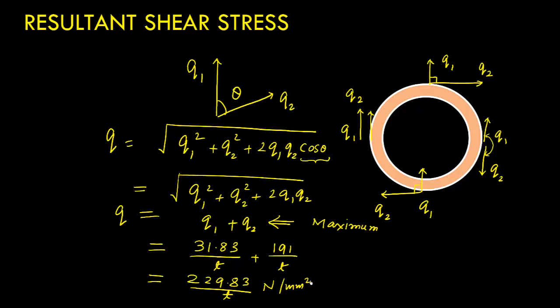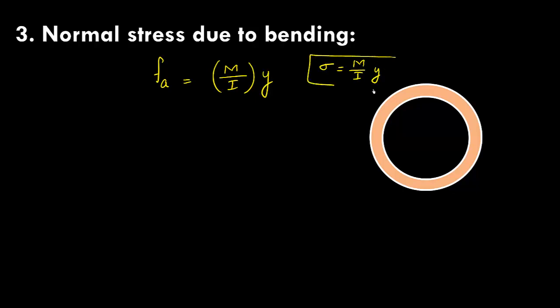Now we have calculated the shear stresses. We can calculate next the tensile stresses or normal stresses due to bending. So let us calculate normal stress due to bending. If you remember, we just discussed the stress is given by the formula sigma is equal to M by I times Y. In place of sigma, we are writing Fa because the code uses the symbol Fa.